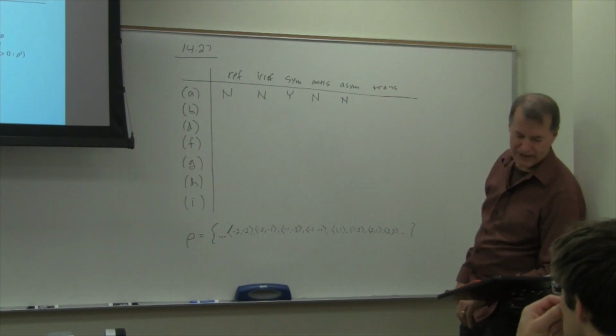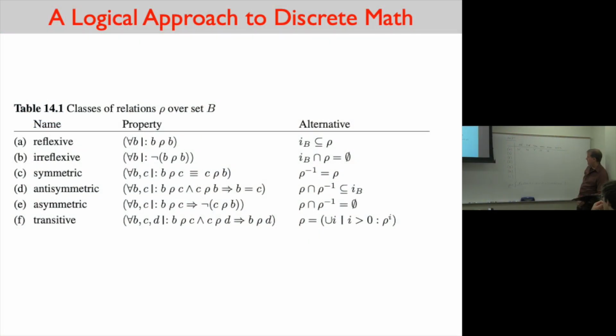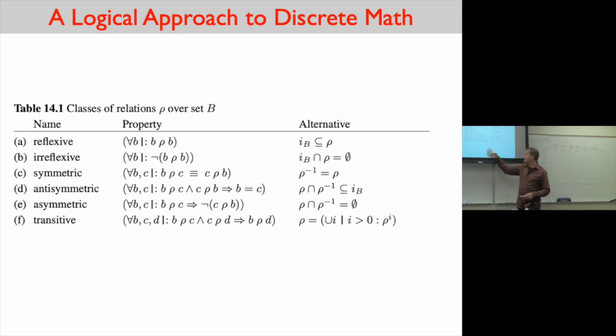And then what about transitive? If we have b rho c and we have c rho d, in other words, if b and c have the same sign, because that's what it means to be in there, and c and d have the same sign, does it imply that b and d have the same sign?